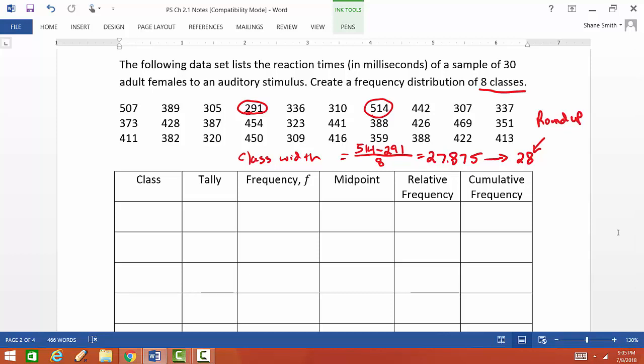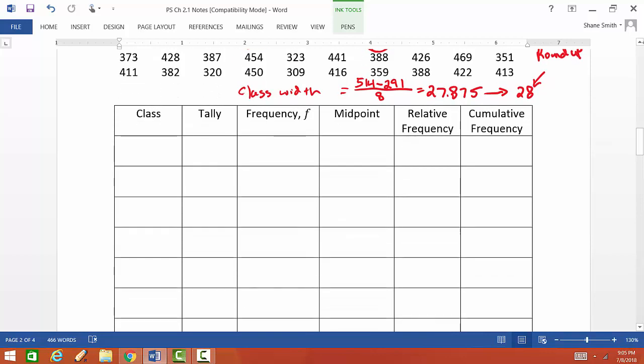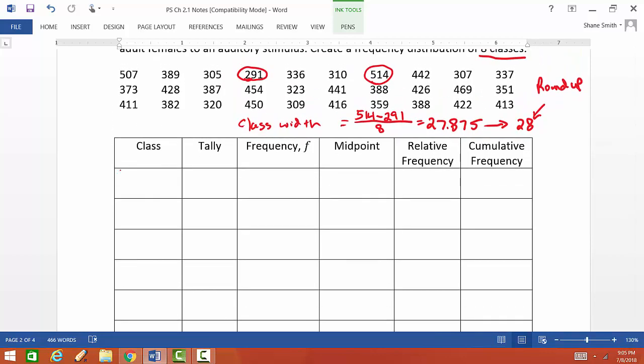So, to finally start making the classes, we take our lowest value, which is 291, and we add 28, which is our class width, going down, which is 319. And we'll add 28 again, which is 347.